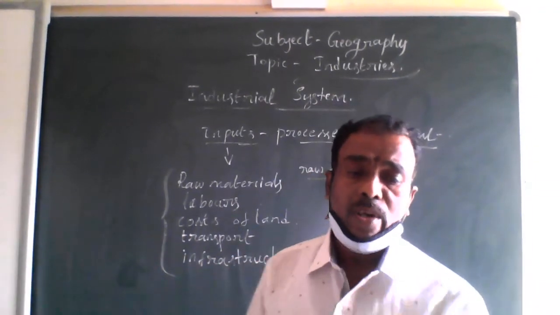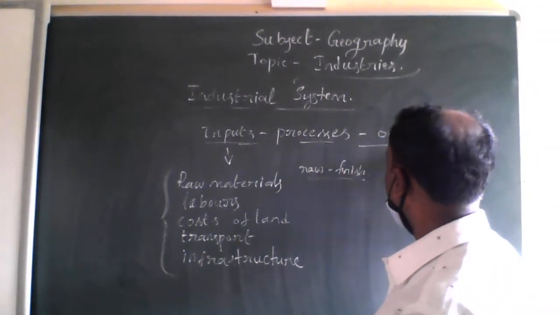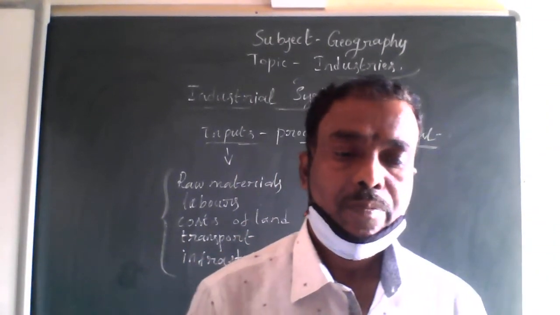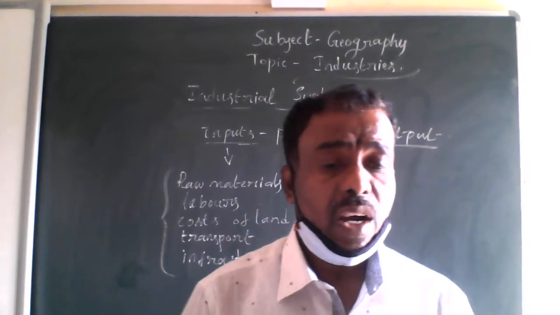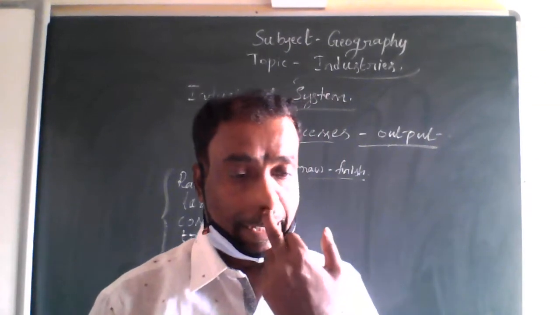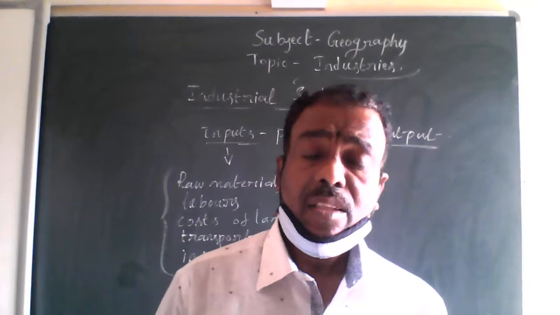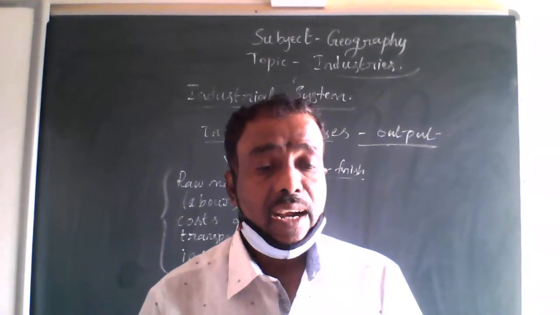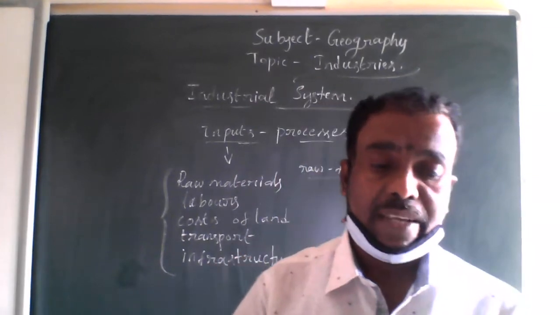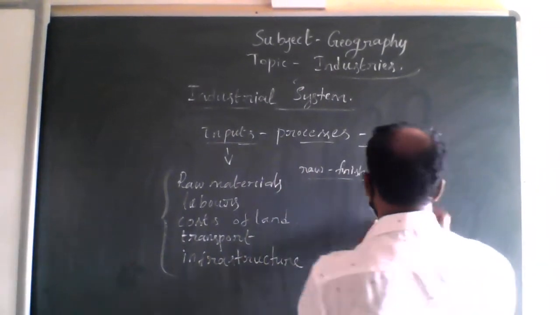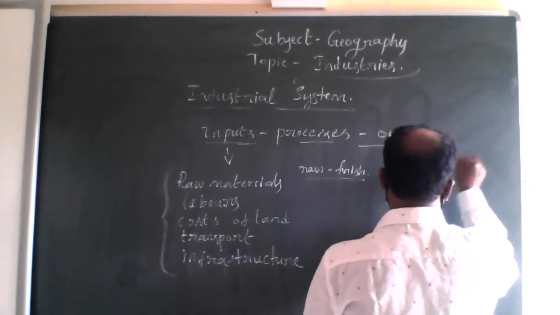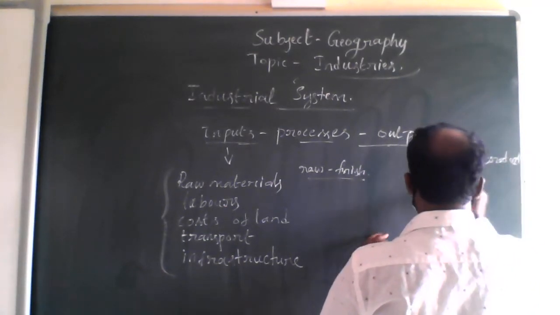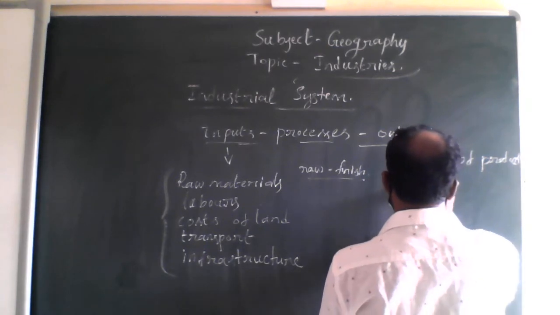See, what are the outputs? The outputs are the end product and the income earned from it. Actually, the outputs are the end product and whatever income is earned.